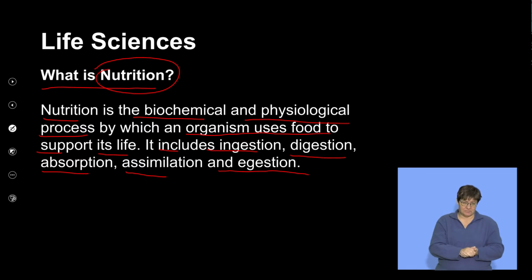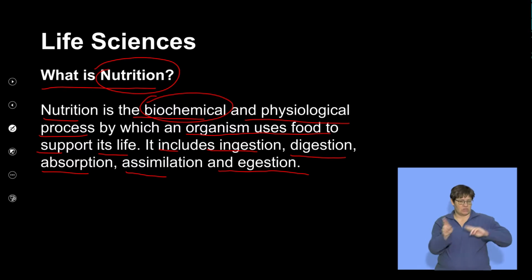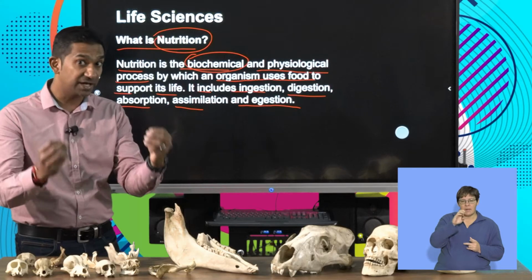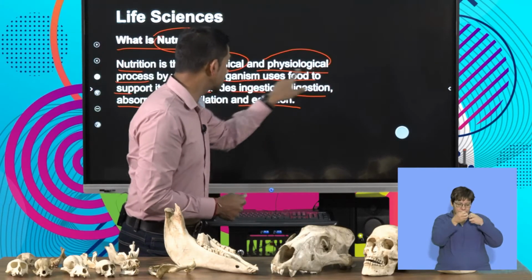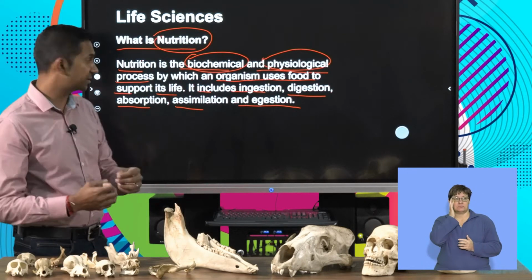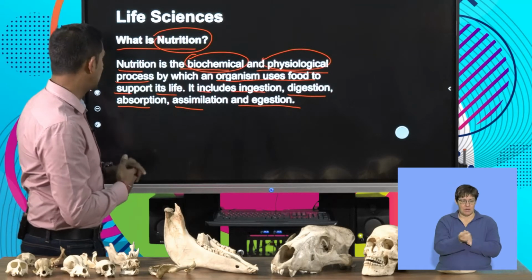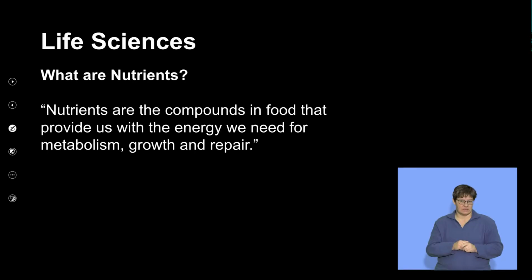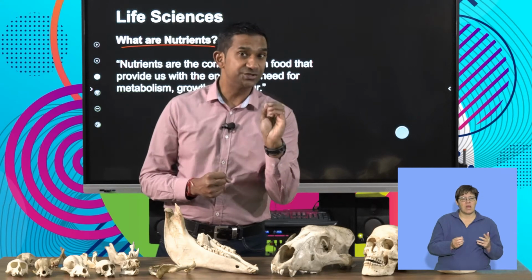So again, it's the ability to look at the biochemical reaction, so in terms of what happens with the enzymes and how they break down the food, the physiological, so the changes in the body in regards to what happens with that food in the body, and the processes involved in them. It's important that we also recognize that nutrition is a method of being able to access nutrients.